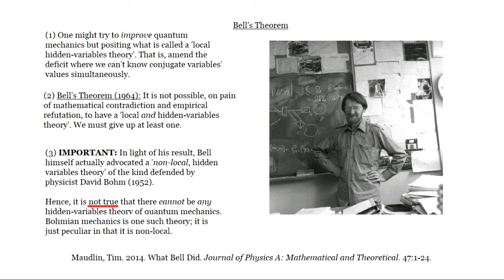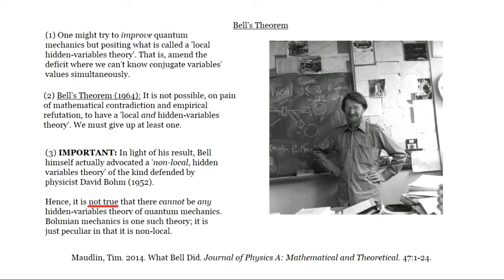It turns out that this isn't possible. Bell's theorem, which he proved in 1964, is that it is not possible, on pain of, in some sense, mathematical contradiction and empirical refutation, that is, it is empirically false, that we could have a local and hidden variables theory. We must give up at least one of these two desirable properties.